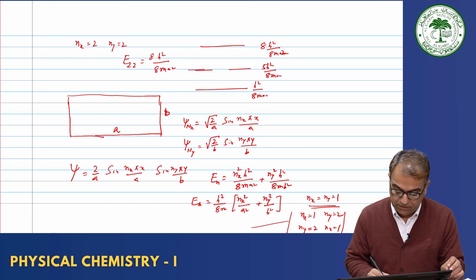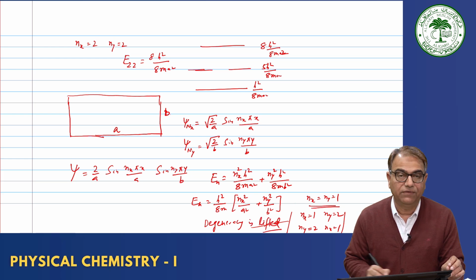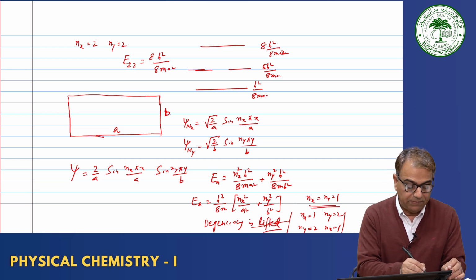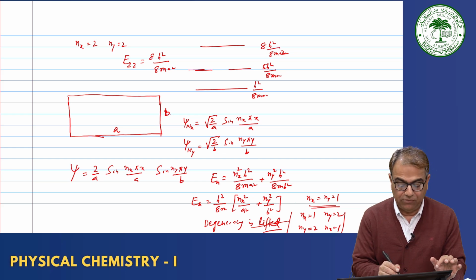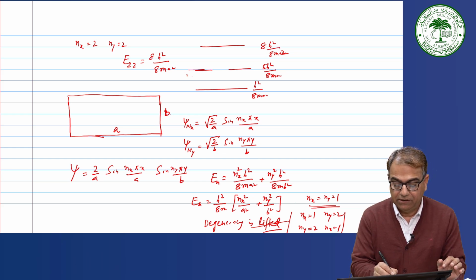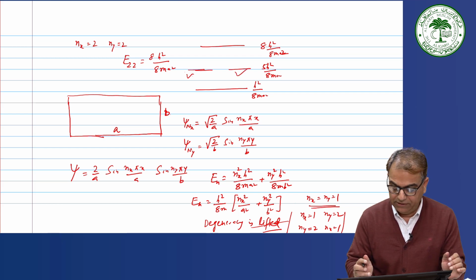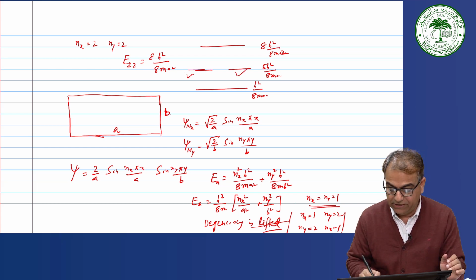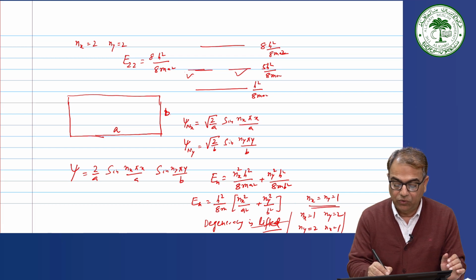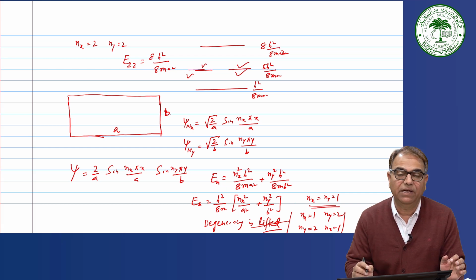So what happened? From the square system to a rectangular system, this energy level which was degenerate, here the degeneracy is lifted. It means the two energy levels do not have the same energy value.